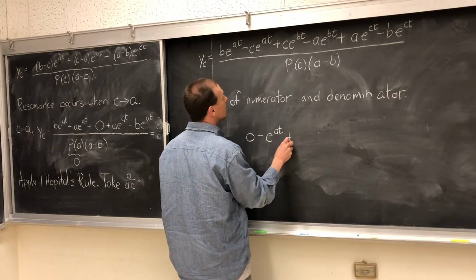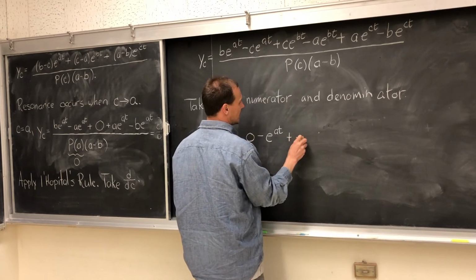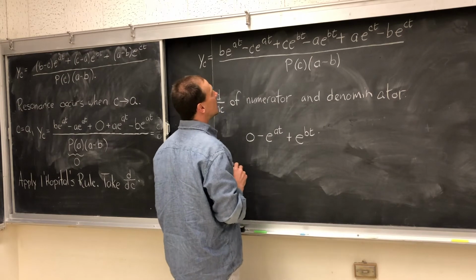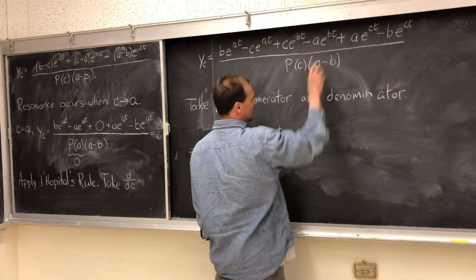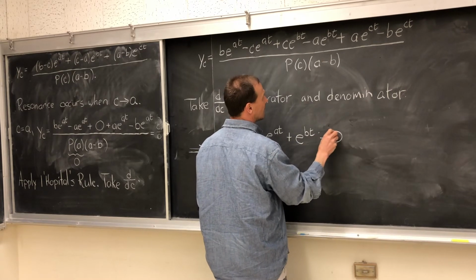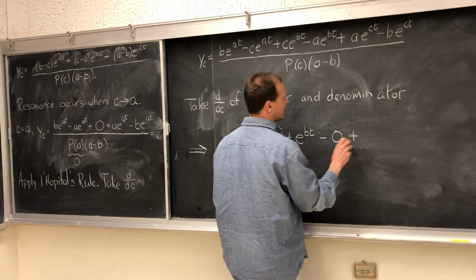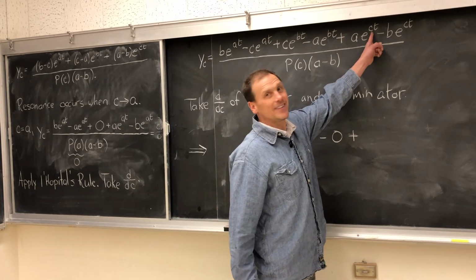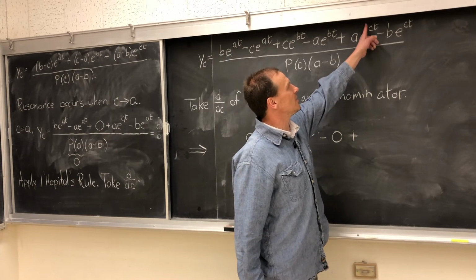Plus, here's another case, so this is going to be plus e to the bt, and then there's no c's, that's 0, minus a 0. Plus, I have to slow down on this one, because notice now I have a c in the exponent.